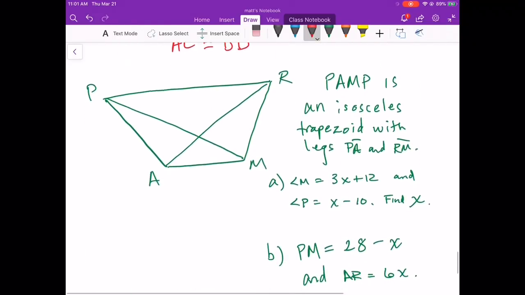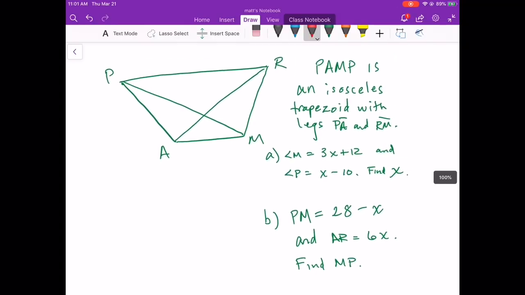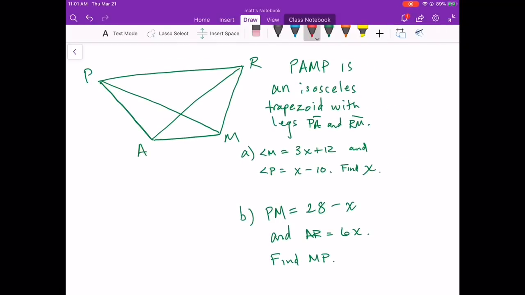All right, an example for an isosceles trapezoid here would be, I've got this trapezoid, PAMR, an isosceles trapezoid. So right away, these opposite sides here are my parallel sides, and these opposite sides are my congruent sides. I also know that the diagonals are congruent.